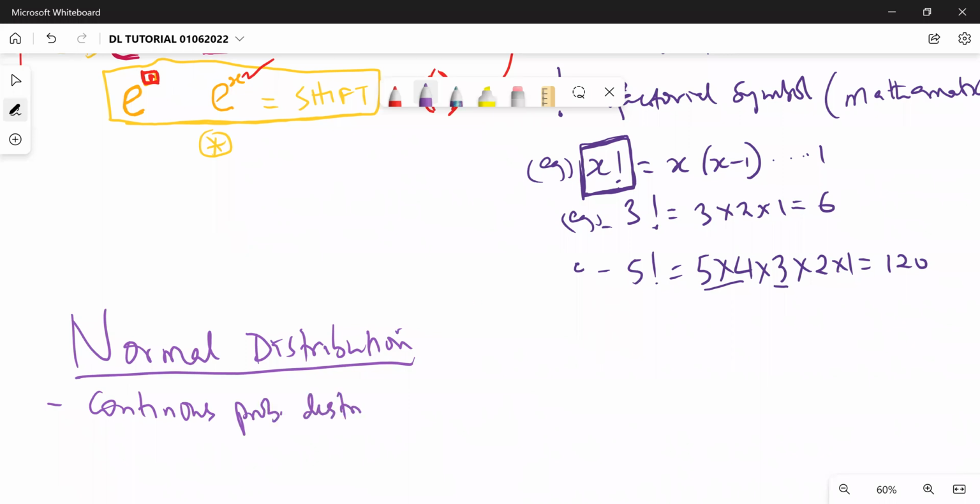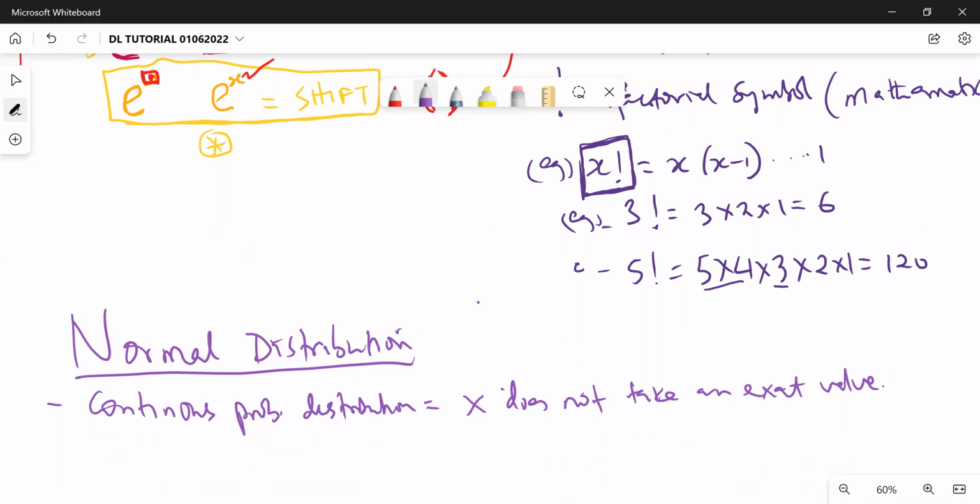Is a continuous probability distribution. And here, X does not take an exact value. It takes a value within some given interval.